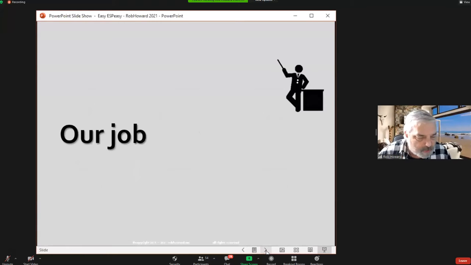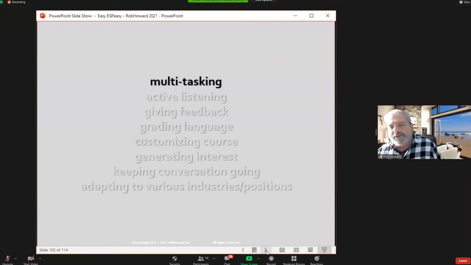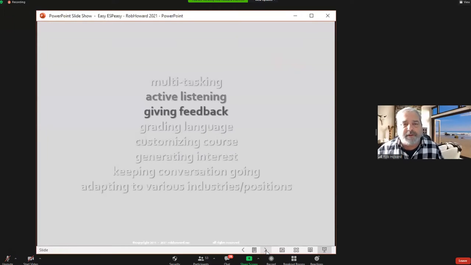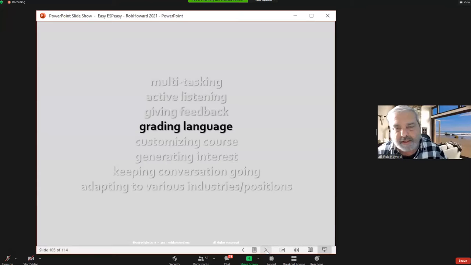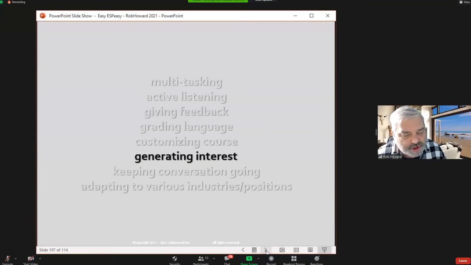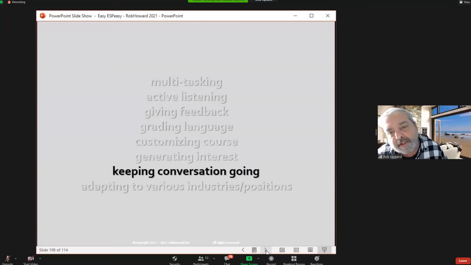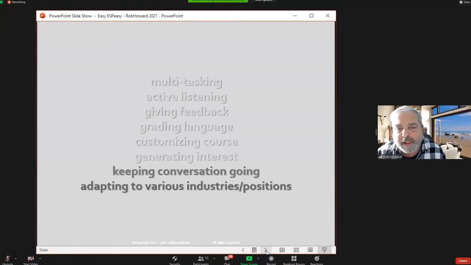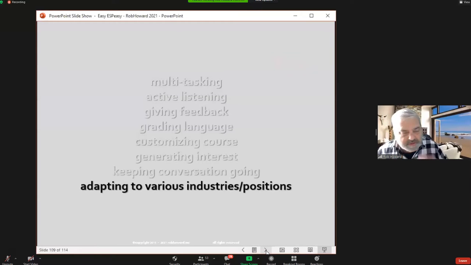So basically, what I think our job is, we're multitasking: active listening, giving them feedback, we're grading their language, we're customizing a course for them, we're generating interest. We want to keep the conversation going all the time. And we're adapting to various industries and positions.